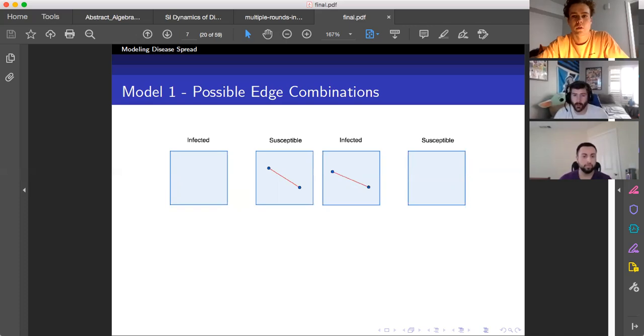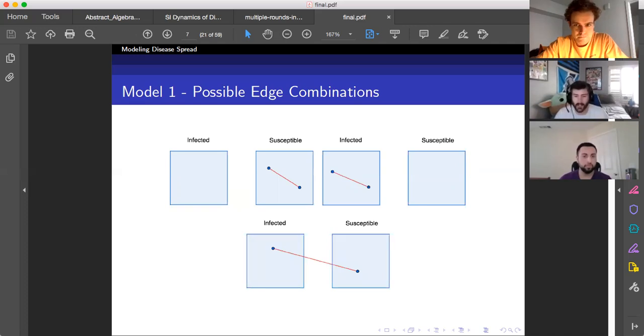Notice there's still no new infected node being created. While in the final third image, we're showing an infected node infecting a susceptible node. This is resulting in 1 new node being infected. We're going to say that this SI or IS, either way, combination results in 1 more node becoming infected, where the proportion of infected nodes is increasing at 1 over n, where n is equal to the number of total nodes.